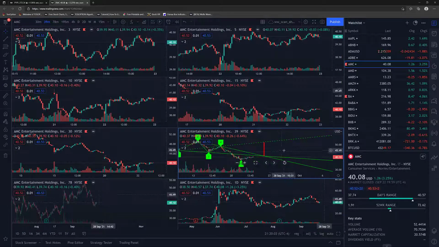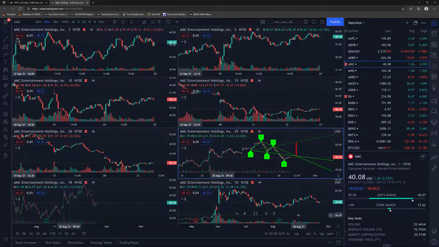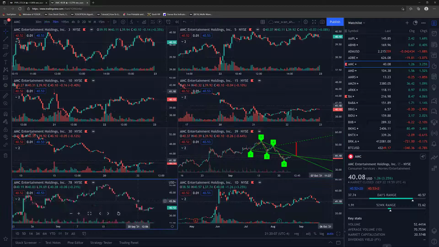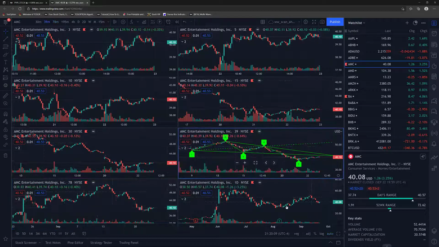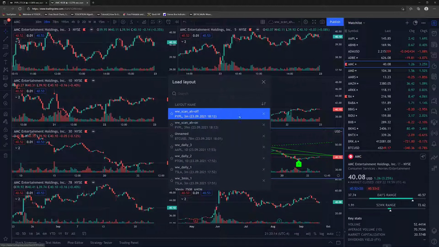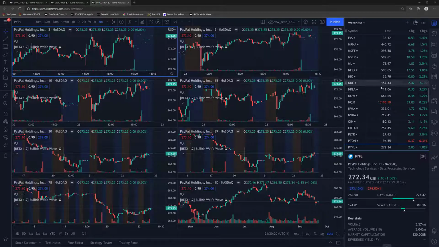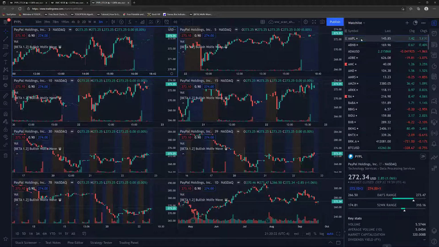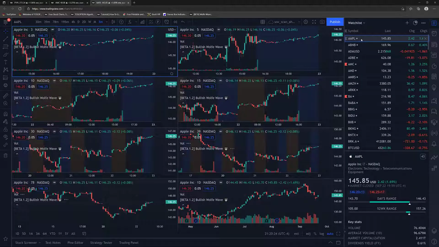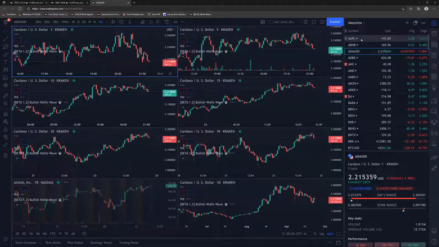So that's one way to be a little more efficient in finding these Wolfe Wave patterns. But I've also created another chart layout for after hours on, because that one provides you more data points after the market's closed. So let's go back to the top again and scan through, looking for those Wolfe Waves.